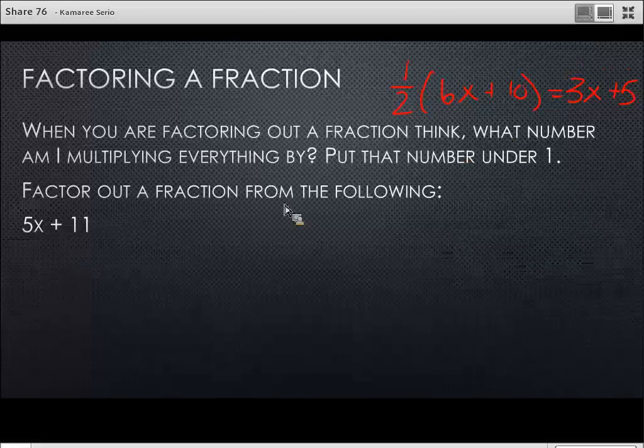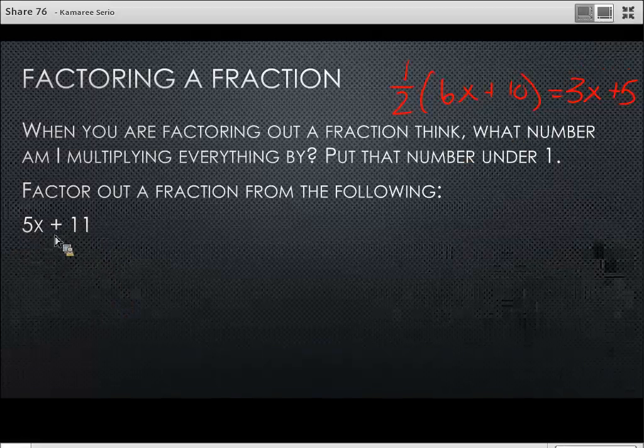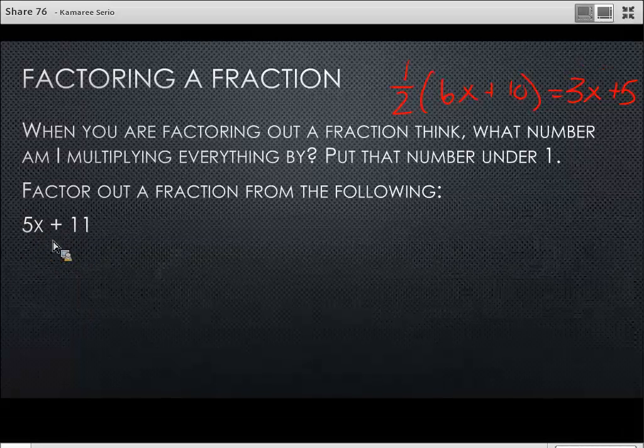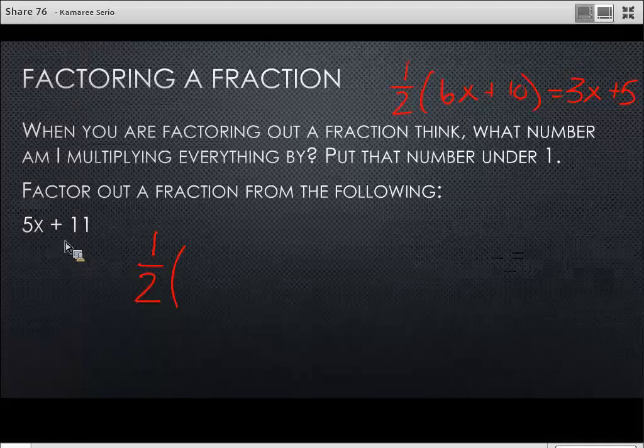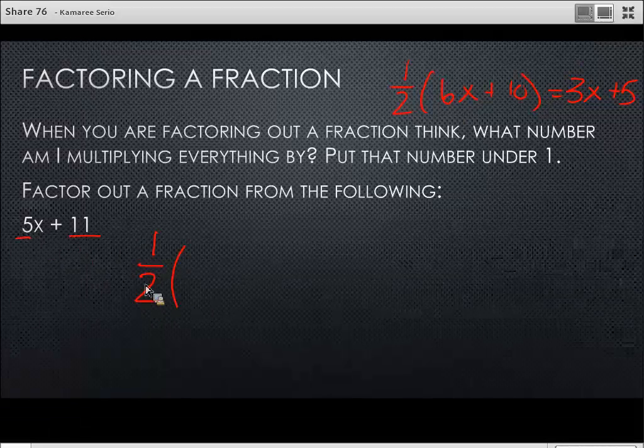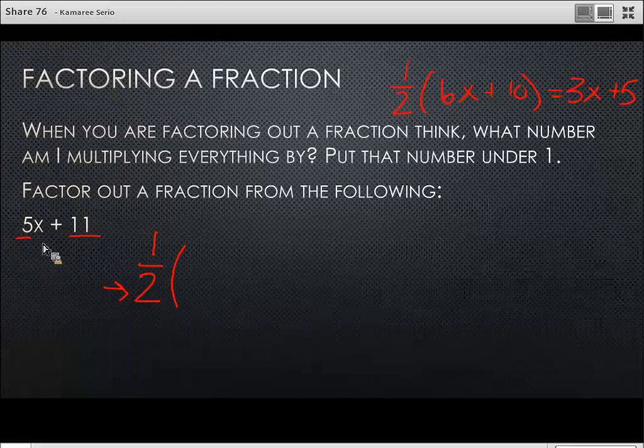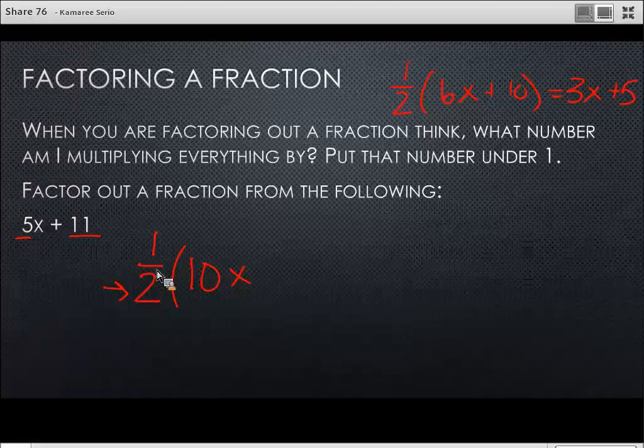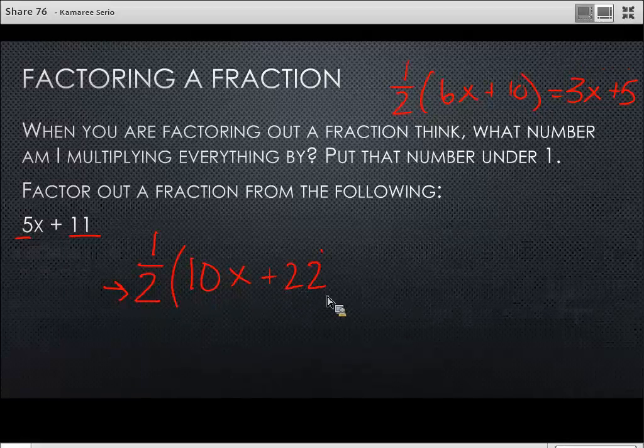which is multiplying, right? So if I wanted to take 1/2 out of this expression, what you do is just multiply your numbers here by the denominator, which is 2. So 5 times 2 is 10. Don't forget your x. 11 times 2 is 22.